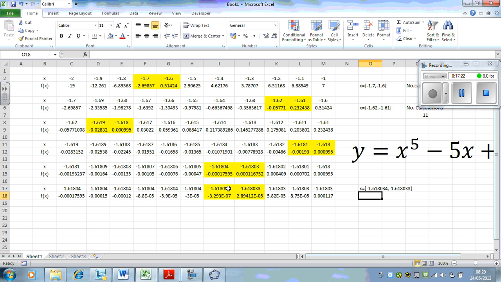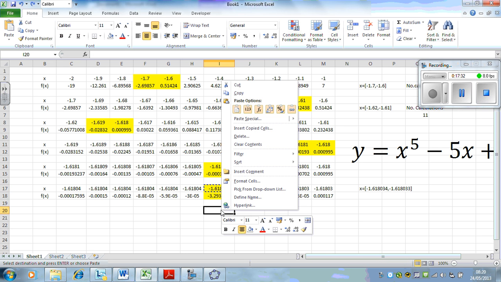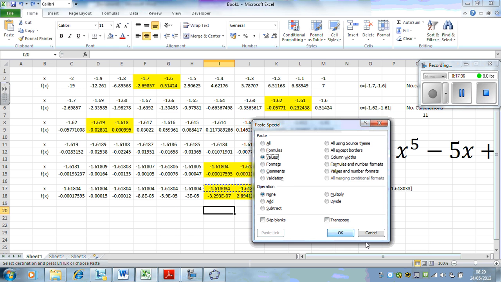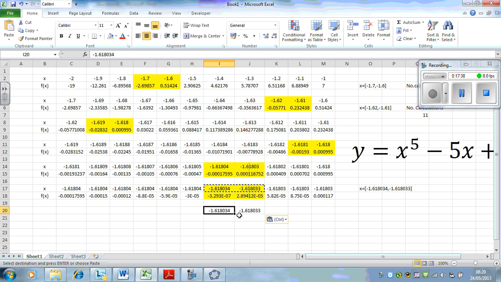Now if we look at both of these values, let's highlight them. It isn't based on another formula. If I copy, right click, paste special, and just paste the values, that isn't going to use the formulas.